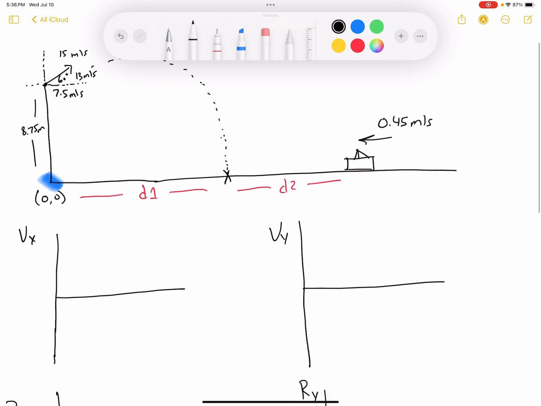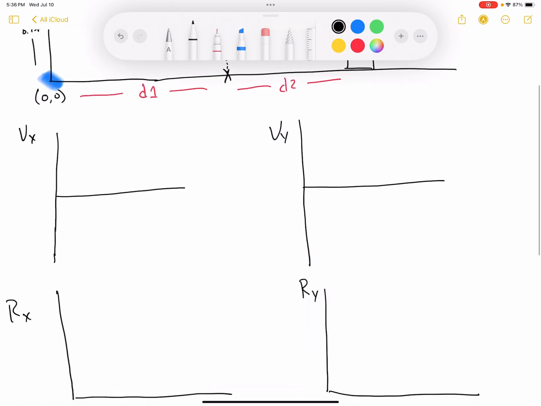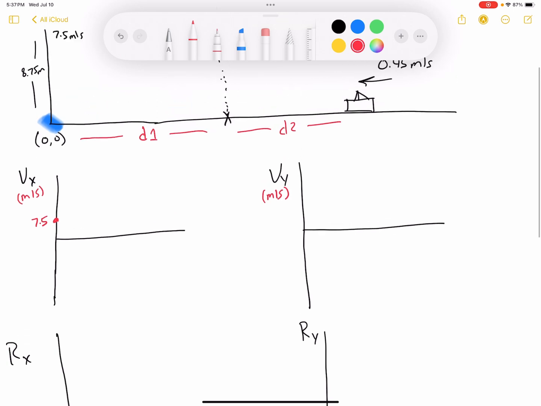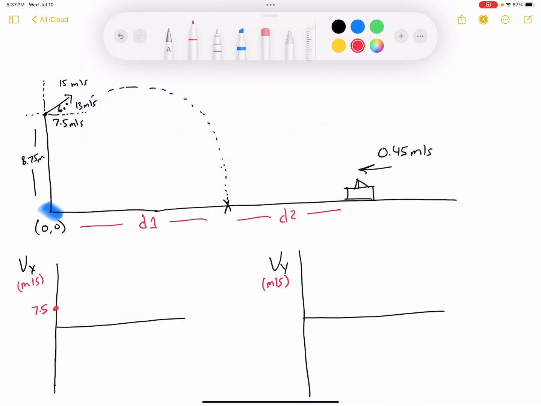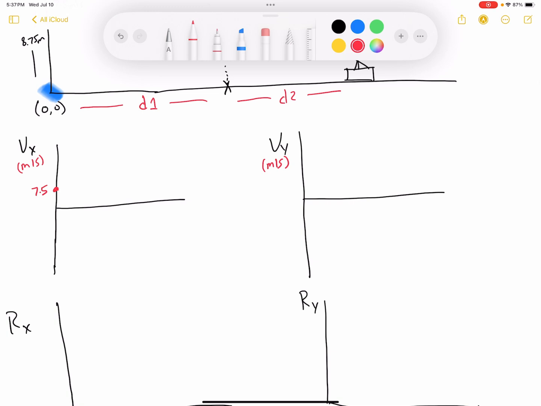Now I want to go down to the velocity in x and the velocity in y, and plot those initial points. Those are the initial conditions. The velocity in x is 7.5 meters per second, and the velocity in y starts out at 13 meters per second.